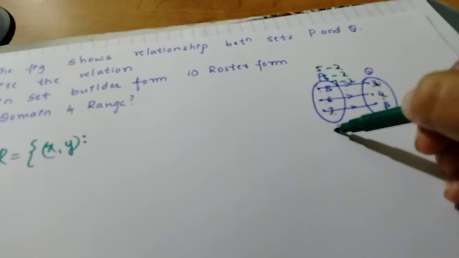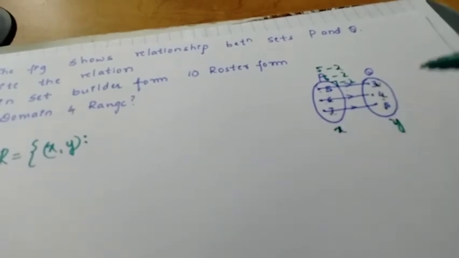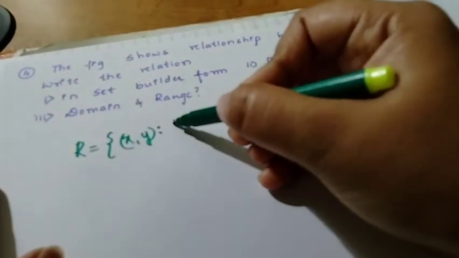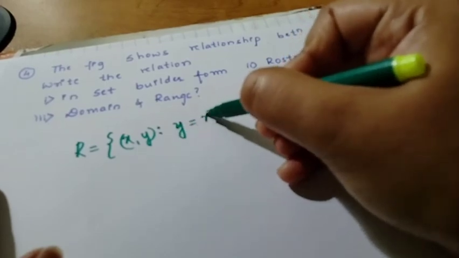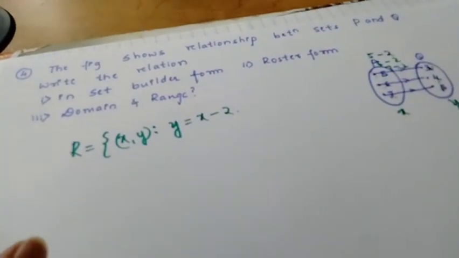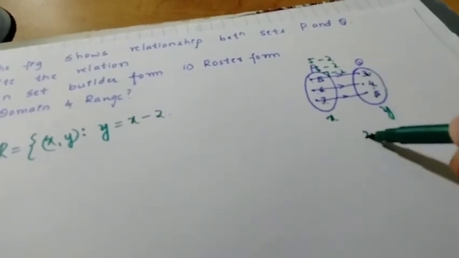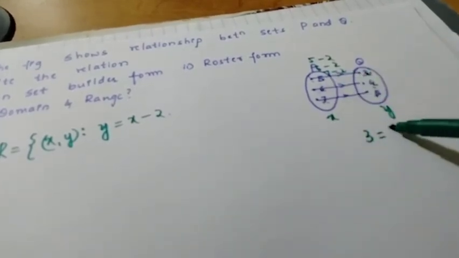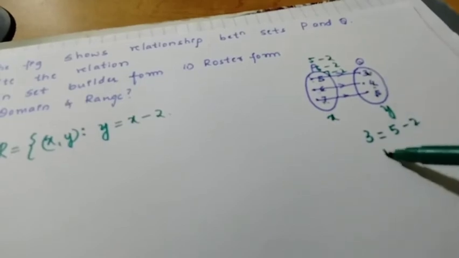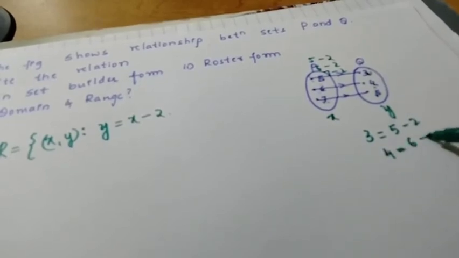So if you take this as x and this as y, then what you can write, y is equal to x minus 2. Correct? So y element means what? First I take 3. 3 is equal to 5 minus 2. 4 is equal to 6 minus 2.